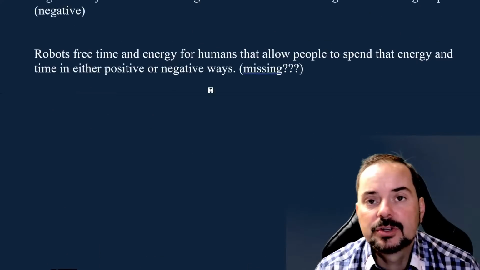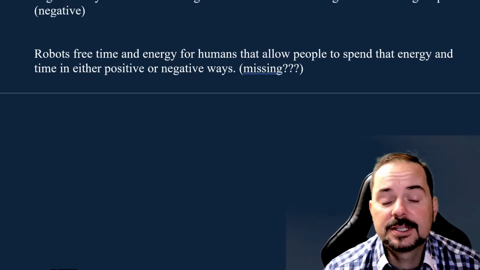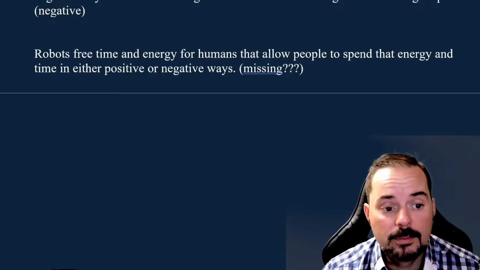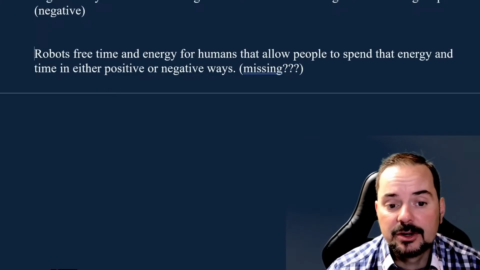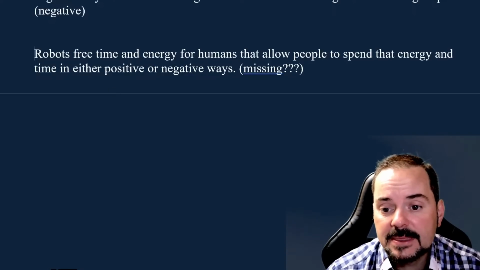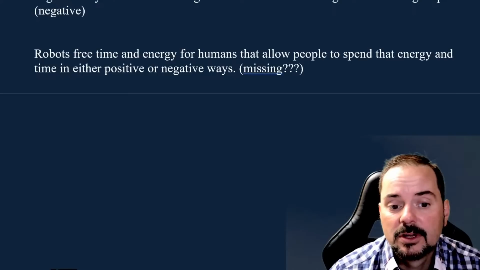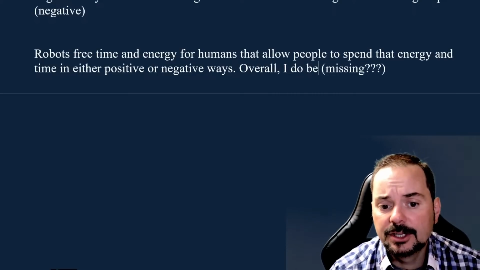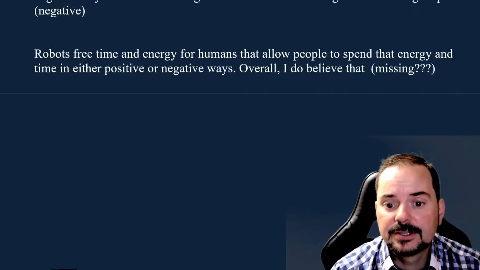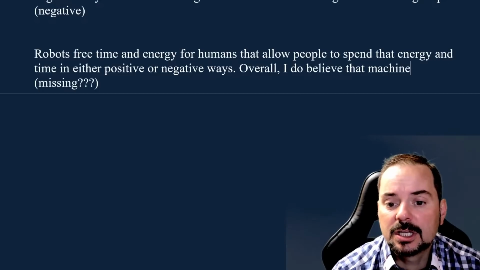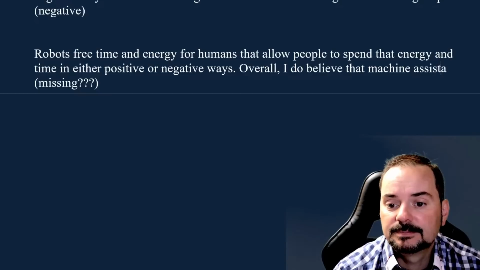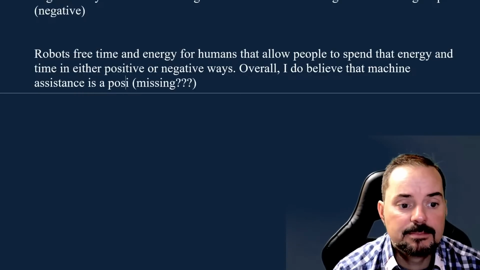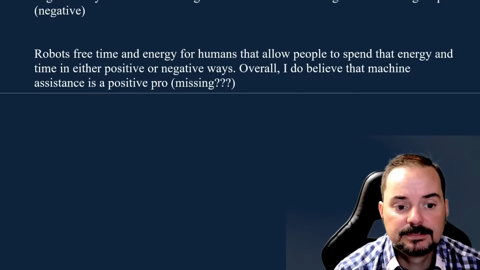So we need to make sure that we state that opinion. So this is just a general statement, right? Robots free time and energy for humans that allow people to spend that energy and time in either positive or negative ways. Overall, I do believe that machine assistance is a positive progress.